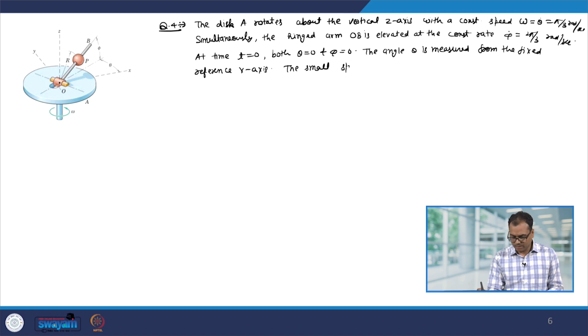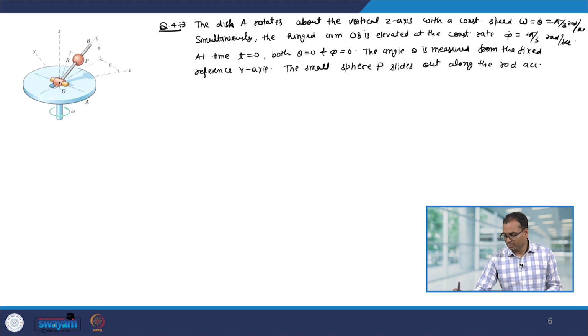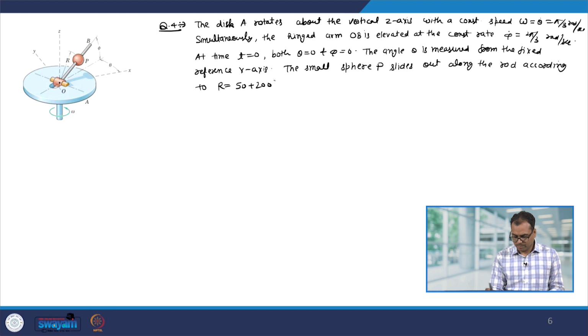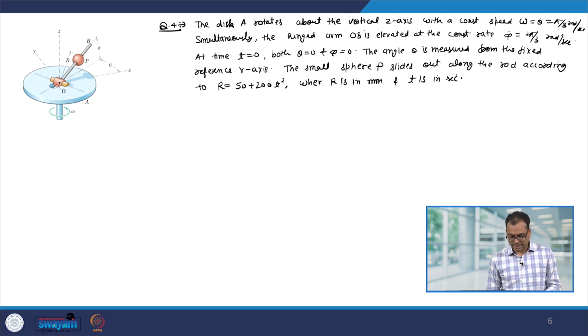The small sphere P slides out along the rod according to r equal to 50 plus 200 t square, where r is in mm and t is in second.